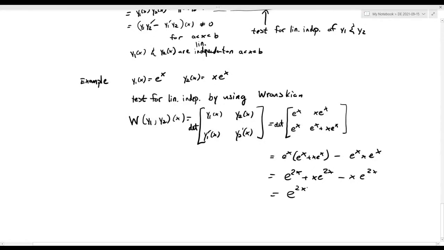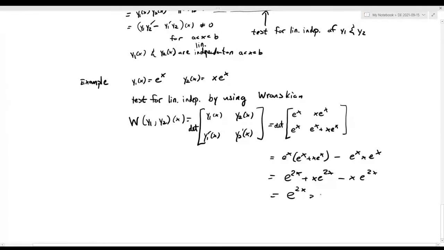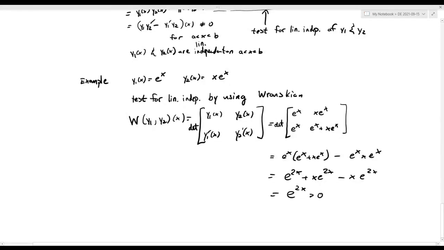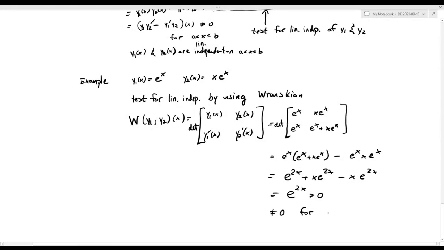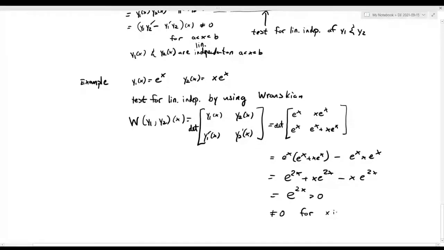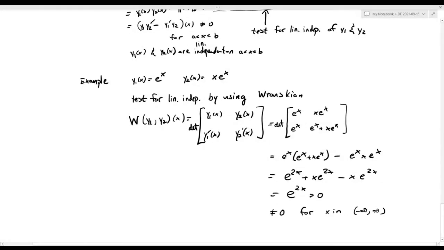And we see that our Wronskian is equal to an exponential function, which is always positive. So it's never zero, right? So the Wronskian does not equal zero for all x's in this case. These two functions are linearly independent on the number line.